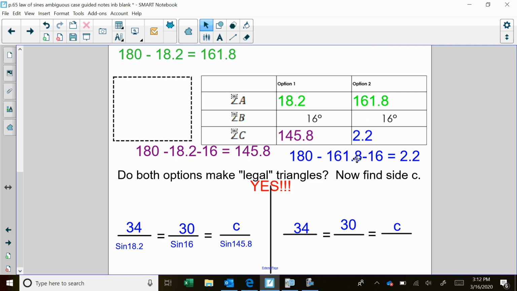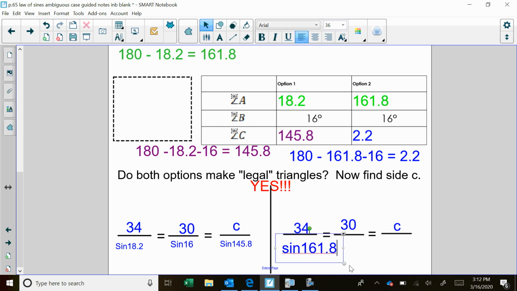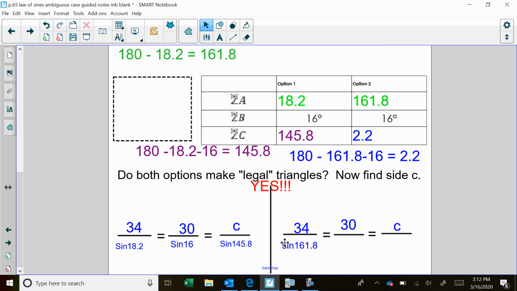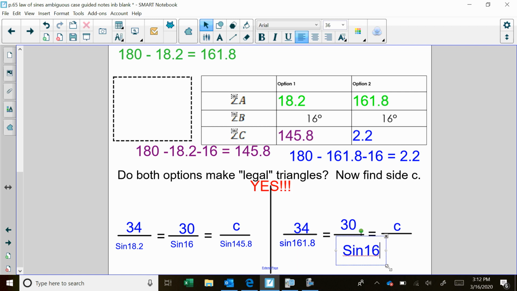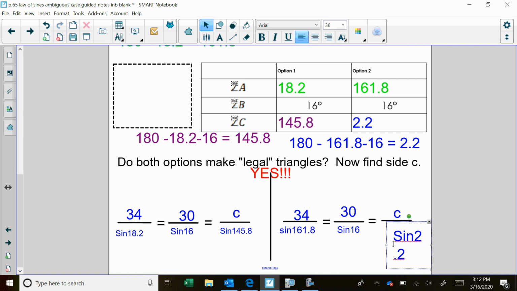So here, on the second option, you bring your angle measures in: sine 161.8, sine 16, and sine 2.2. We'll make that smaller for you.